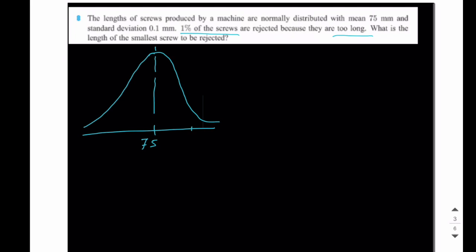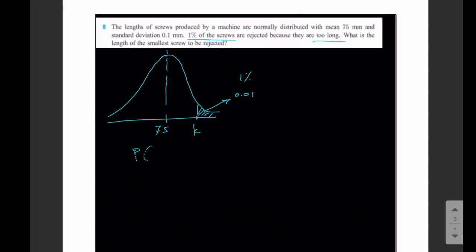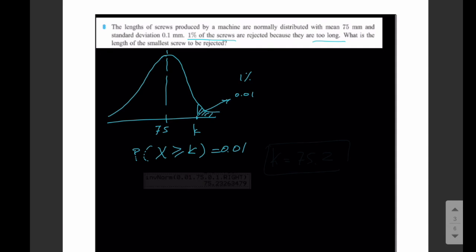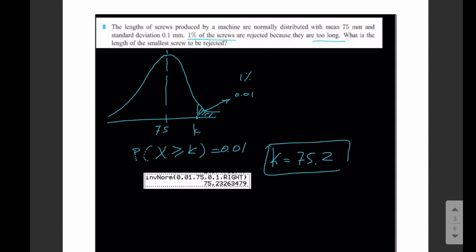So basically we're going to go here, this is our K, and this is the 1%. So that's 0.01. That is 1%. Be careful of that. So basically we have probability of X bigger or equal than K is 0.01, and we're using the inverse norm again, and we find that the K is 75.2.